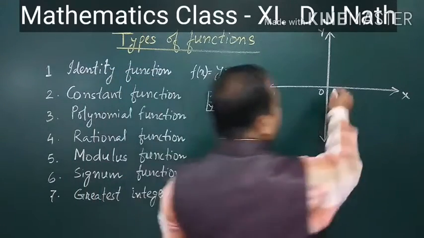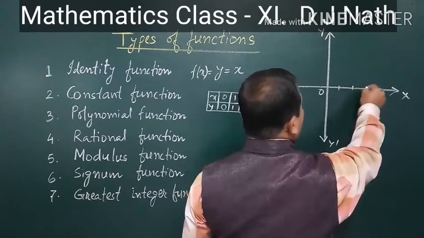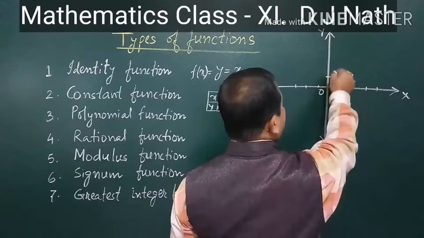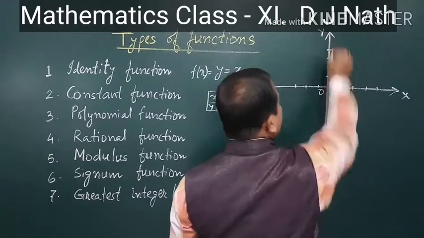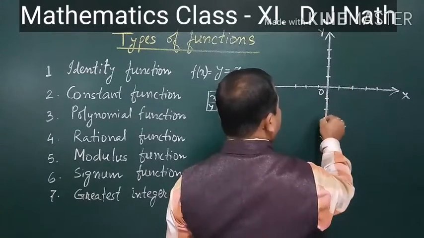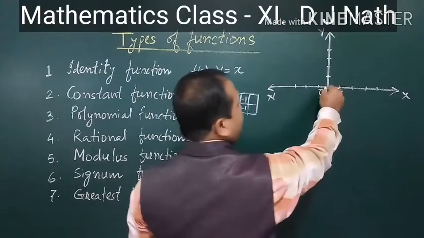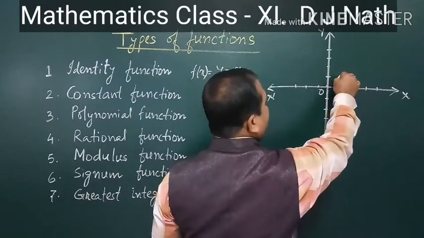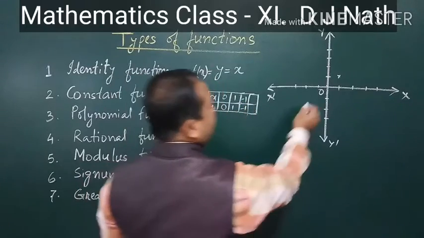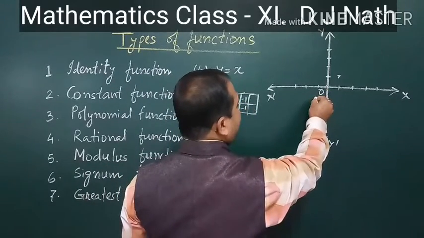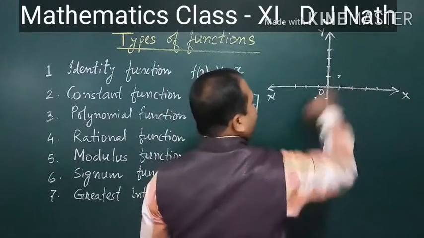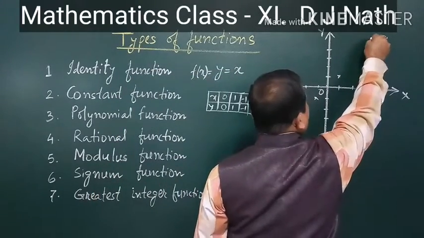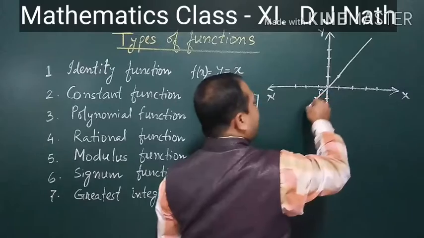If we graph these, what will happen? The points are (0, 0), (1, 1) and (minus 1, minus 1). If we look at that, the graph bisects the first quadrant and the third quadrant.